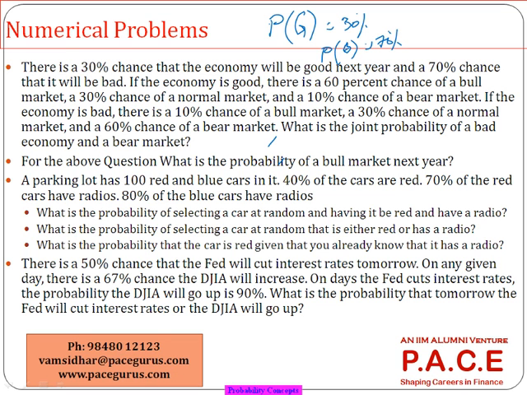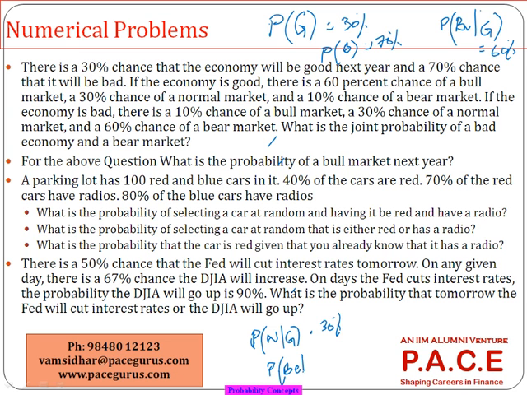If the economy is good, there is a 60% chance of bull market. How do I write this? Probability of bull given good. In a good economy, the chances of making a profit is 60%. And 30% of a normal market. So probability of normal given good economy is 30%, and 10% of a bear market.